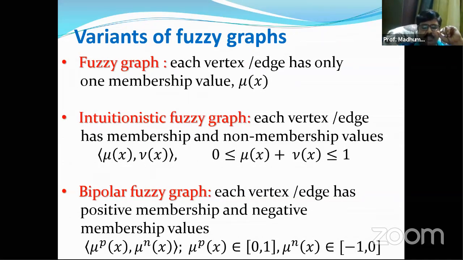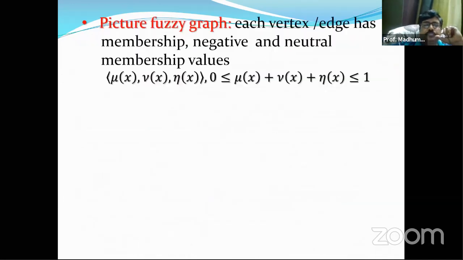So it generally happens that a particular person has some good characteristics as well as some bad characteristics. Good characteristics are represented by the positive membership value and bad characteristics are represented by the negative membership value. So this is another representation. This is called the bipolar fuzzy graph.